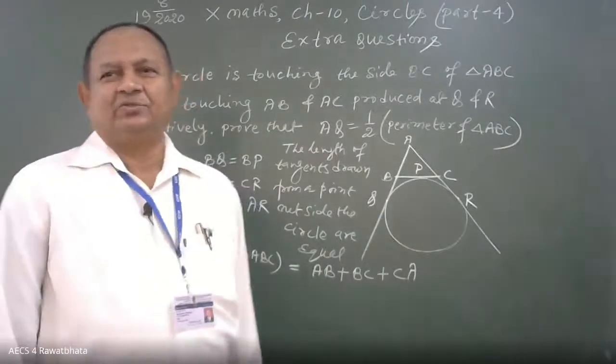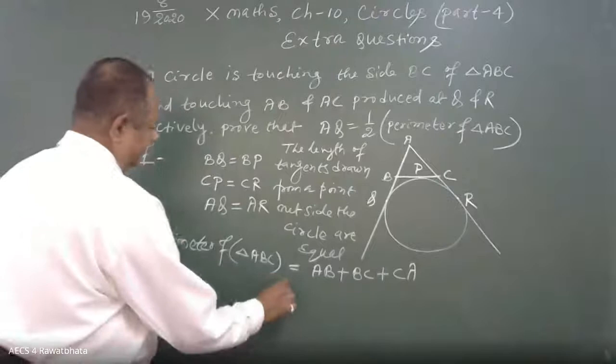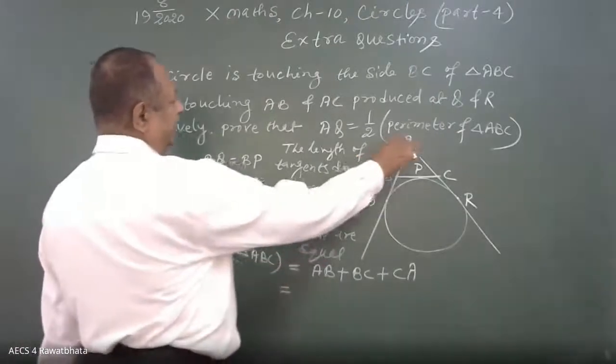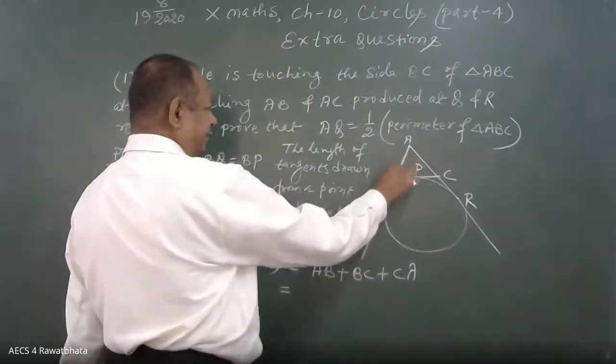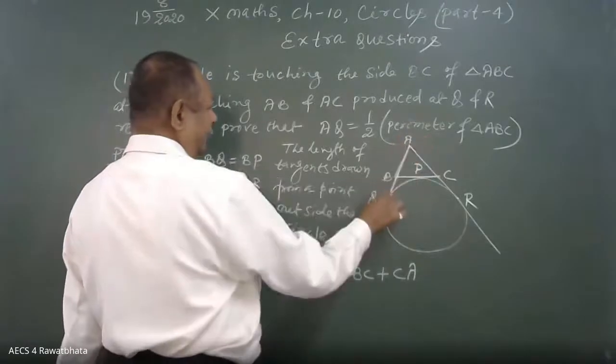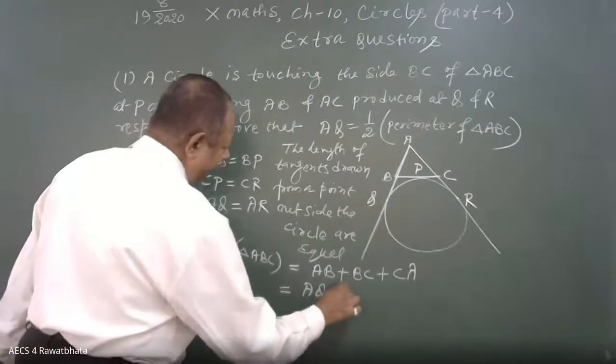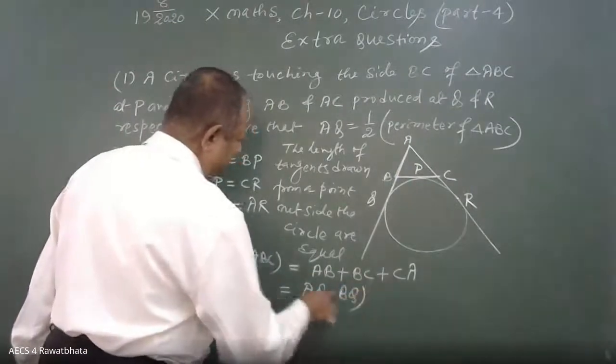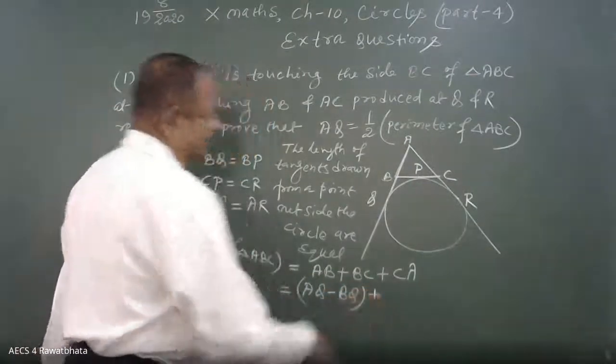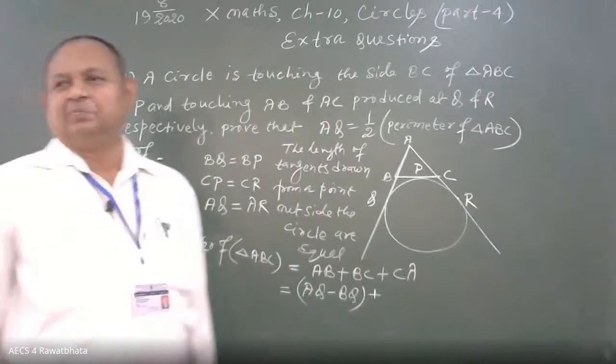Now according to the figure, AB can be written as AQ minus BQ, plus BC.